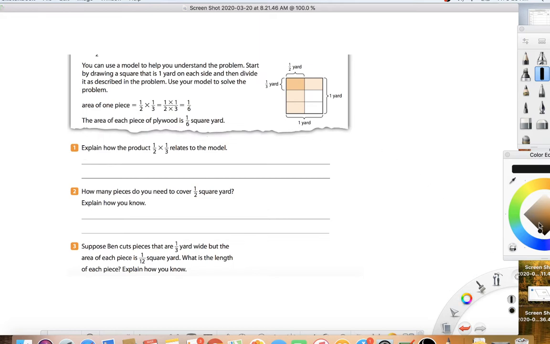We can say that we use it to find the area. So you can say we use the two sides to find the area.